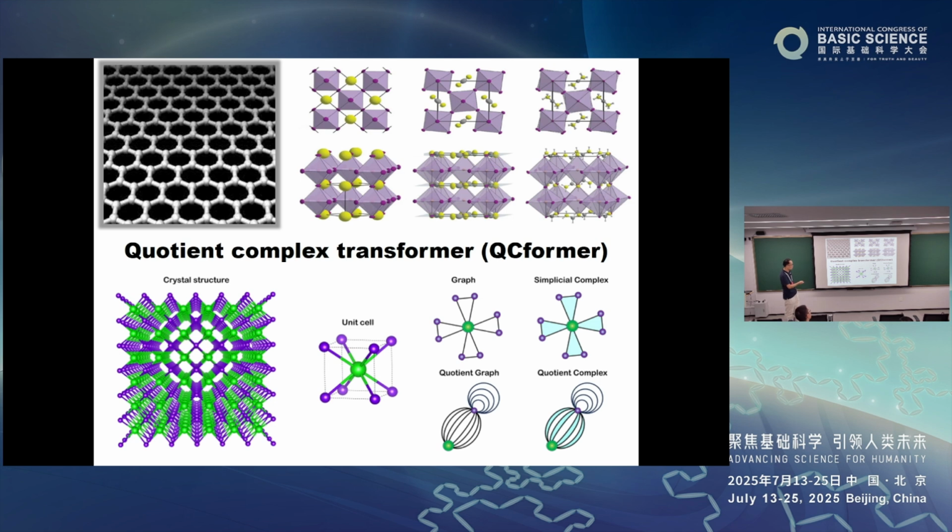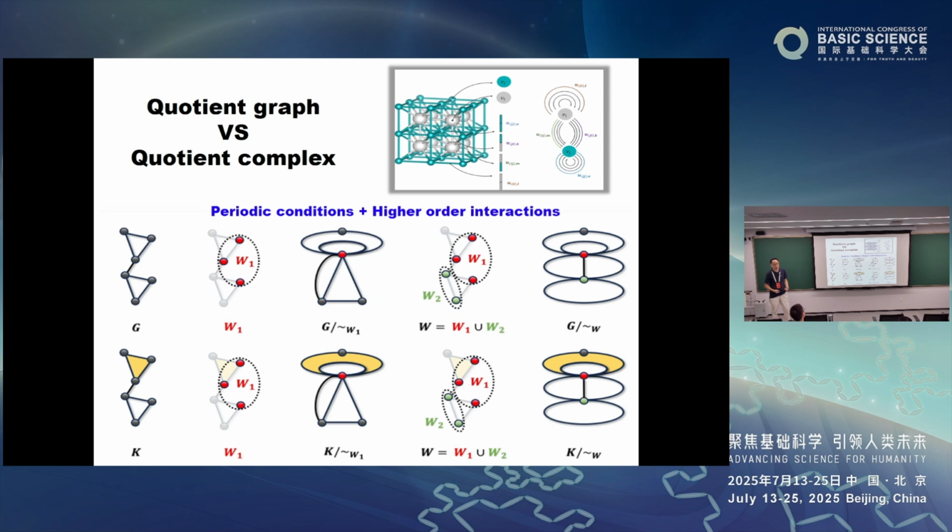So here again, a simple example, we still use these 8 points of the same relation. Then I will get what we call a quotient cellular complex. Different from the quotient graph, we will have extra cellular simplex structures in the system. Okay, so that's the idea. Through these quotients, you can try to incorporate the periodical information.